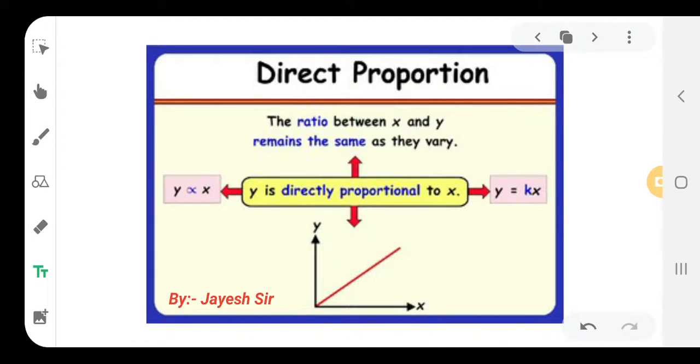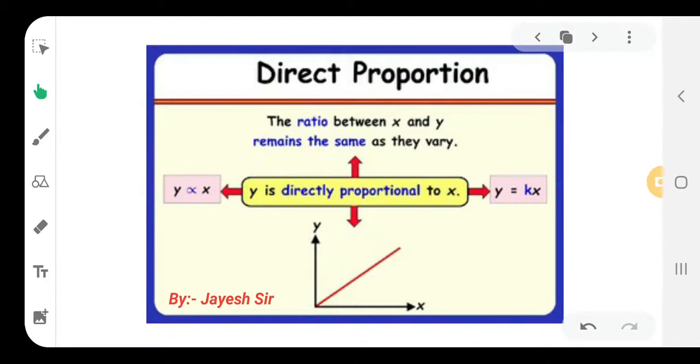That means directly related to or directly proportional to the other one. That is said to be a direct proportion in day-to-day life and also in mathematics. Here, y is proportional to x. That means if we change the value of y, then the value of x is also going to change. Simultaneously, if we change the value of x, the value of y also changes.